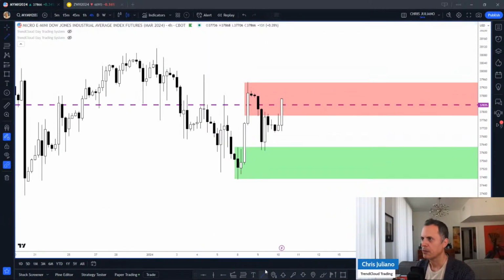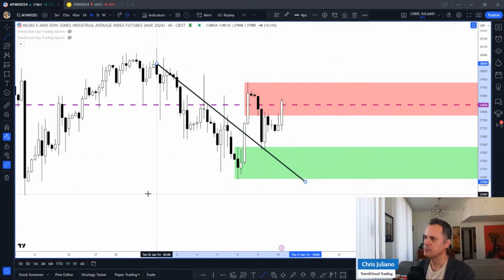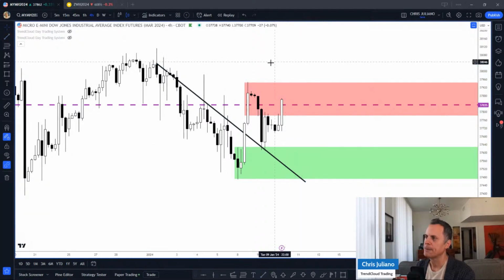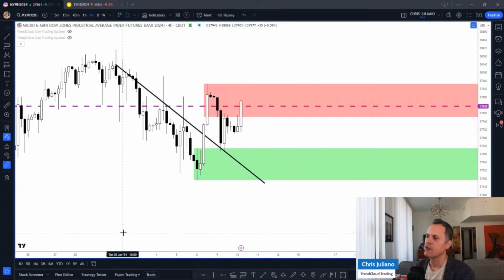We can do some classical charting here, right? We've got a trend line break, pulls back to the trend line, impulse up.